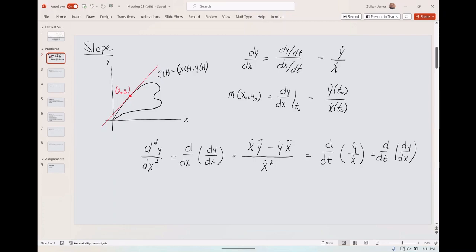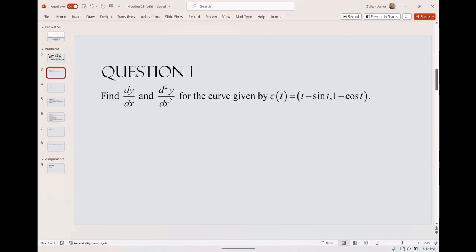And I leave it to you to see if there are formulas for the third derivative, fourth derivative, and so forth. So we're going to be asked to find dy dx and d squared y dx squared, so first and second derivatives of y with respect to x.